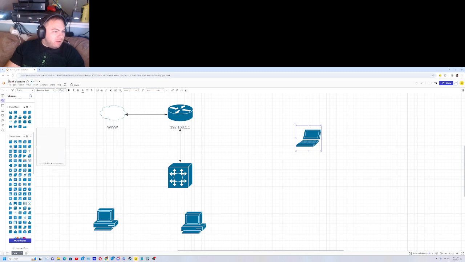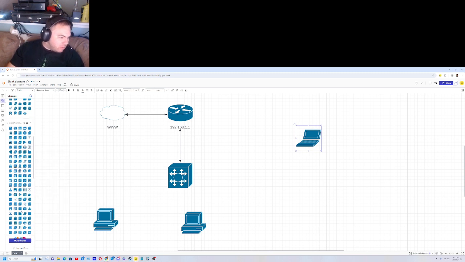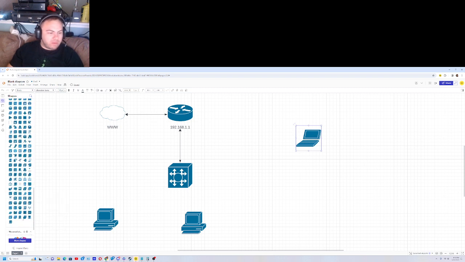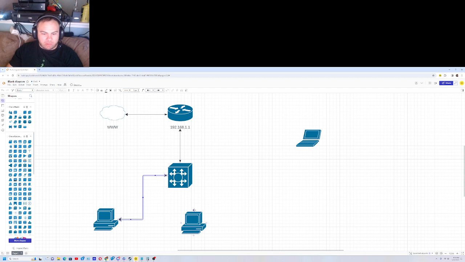Do I have a wireless router in here at all? I haven't really examined these shapes that well, but we'll just say here's our basic network structure. The two computers are connected to our switch, while our laptop over here is going to be a wireless device.